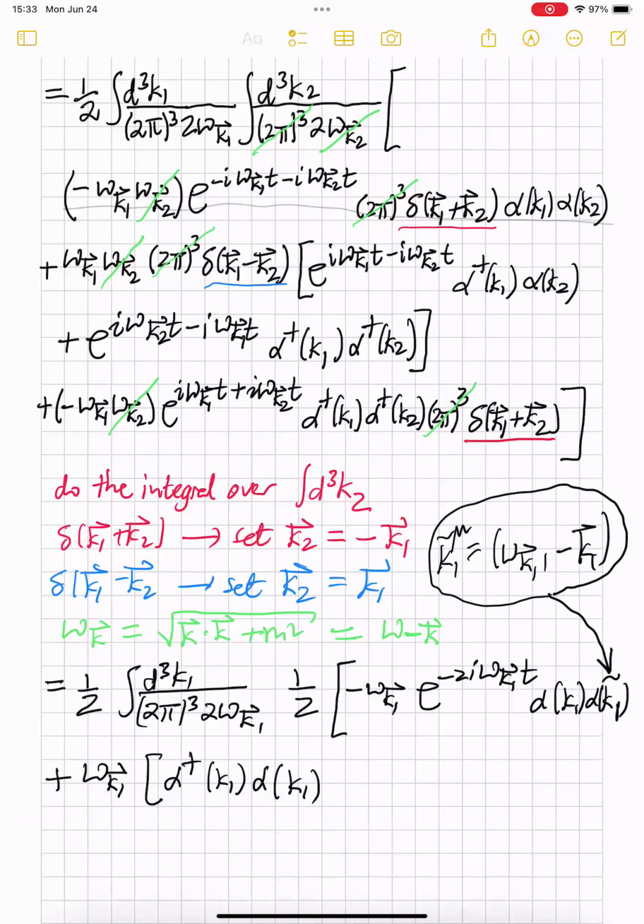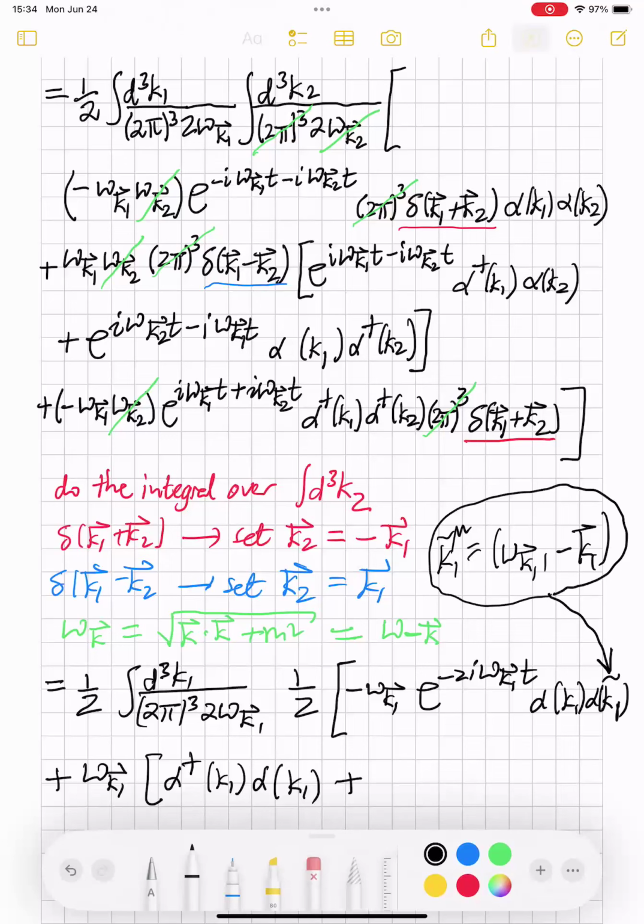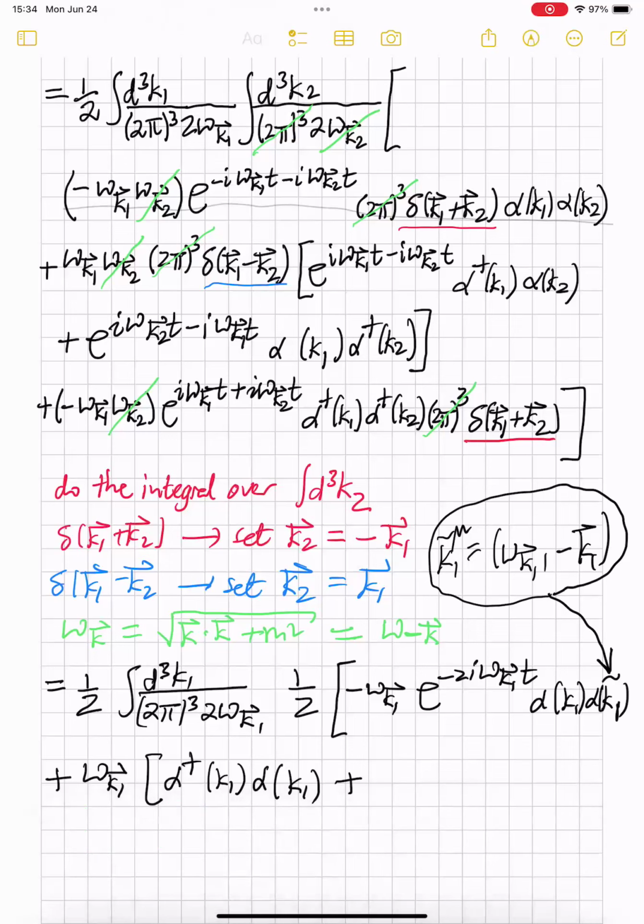And then I'll have plus, oh, sorry, guys, there is another typo here. So let me just correct that now. So presumably, you got the second term without that dagger. Okay, so we've got alpha dagger of K1, alpha of K1, and then we've got alpha of K1, alpha dagger of K1. So this is what you should get for the middle term. And then for the last term, it's again a minus.